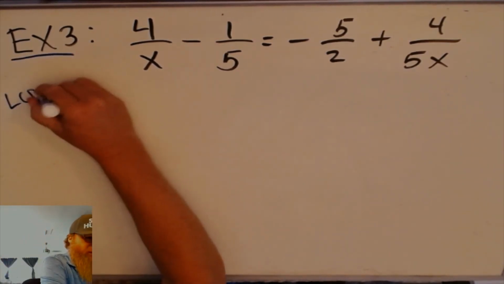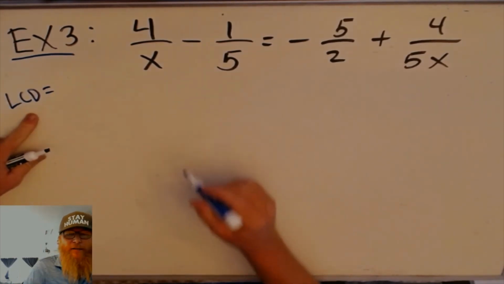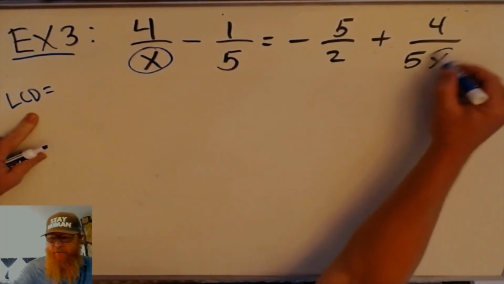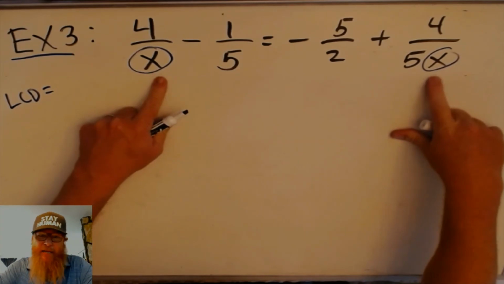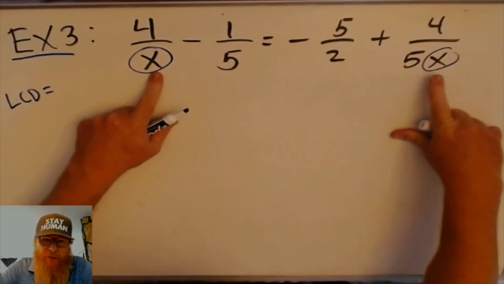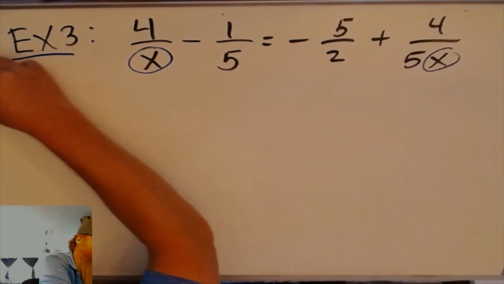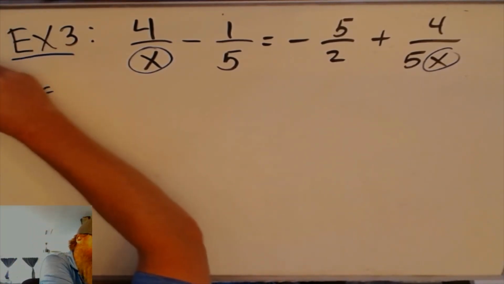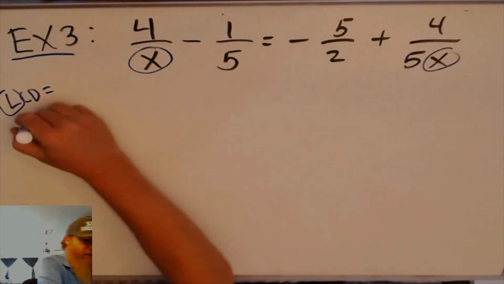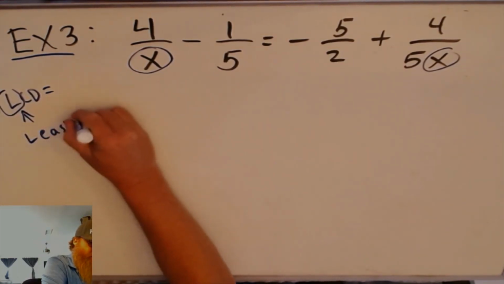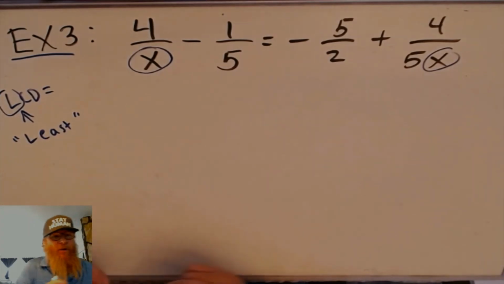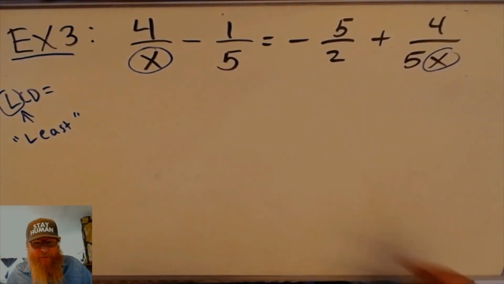Word problems, typically. All right, so LCD, we've got an x, we've got another x. Now you have to be careful. Sometimes people will multiply these two x's together. That would be too big. The key to an LCD is the word least. You want to think least, not greatest.